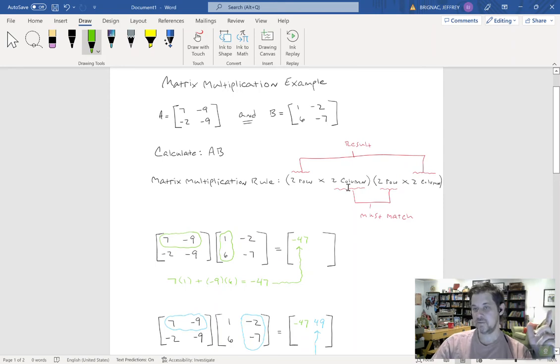If these middle numbers match, then yes, you can multiply the matrices together, and the resulting matrix will be 2-row by 2-column. So it'll be a 2 by 2 matrix, the same size as these, but in general, that's how it works when you're multiplying matrices together.